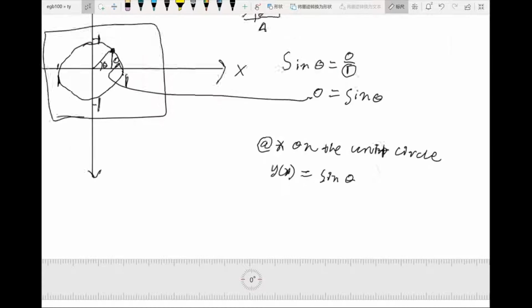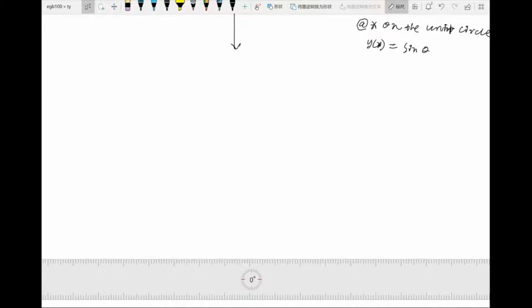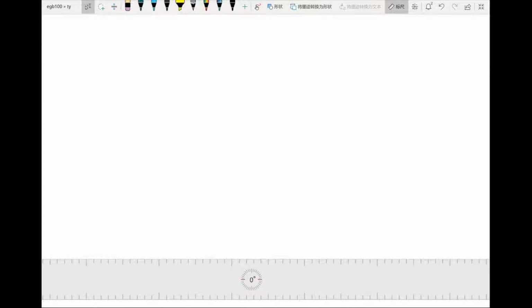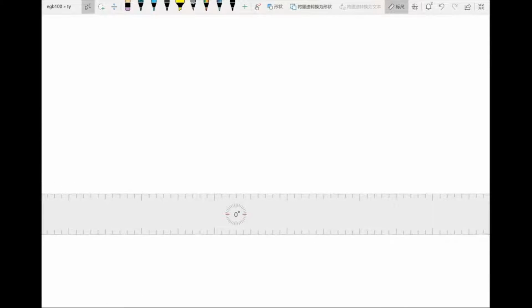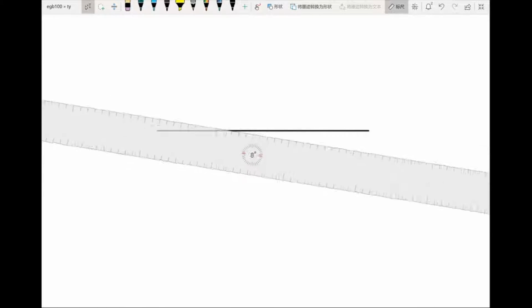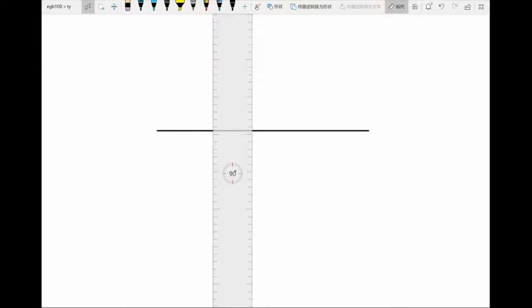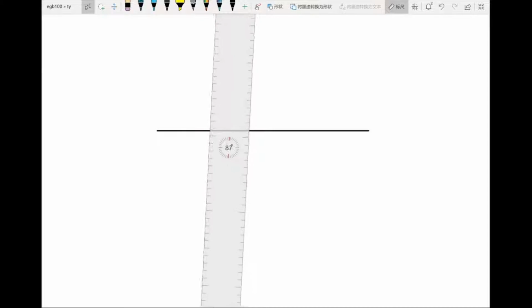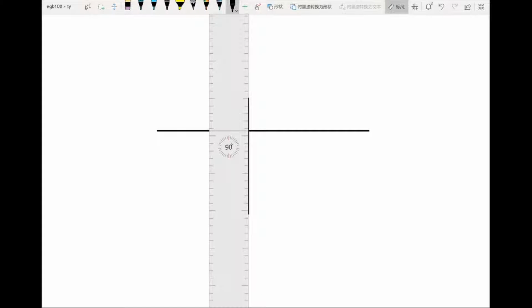The same is true for cosine. So if I was to draw this again, go one line, the x-axis. Then we go one line, the y-axis. There we go.